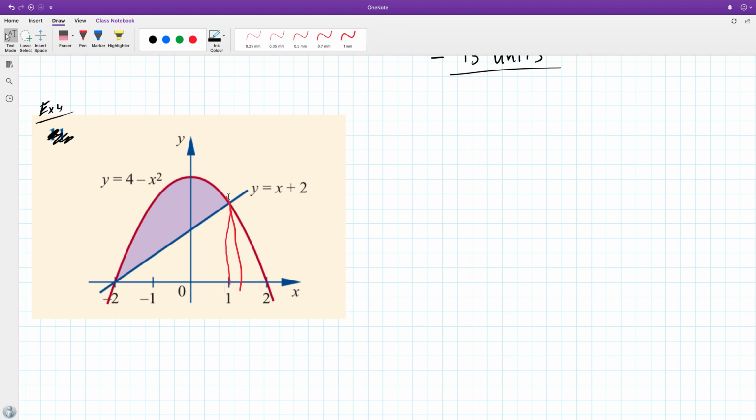Right. What do you have to do if you integrate x plus 2 between 1 and minus 2? Any idea what you're after doing? You're after getting that. You're after integrating what's below the line between 1 and minus 2. Now, you have a problem.